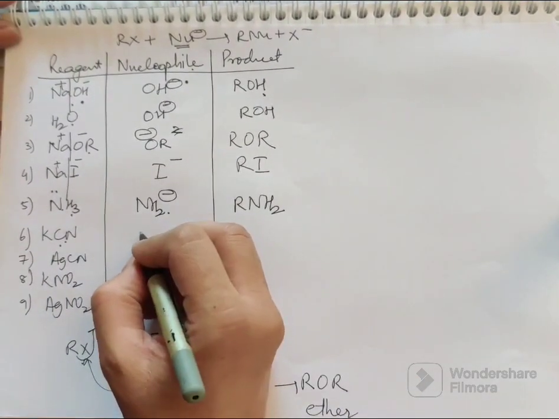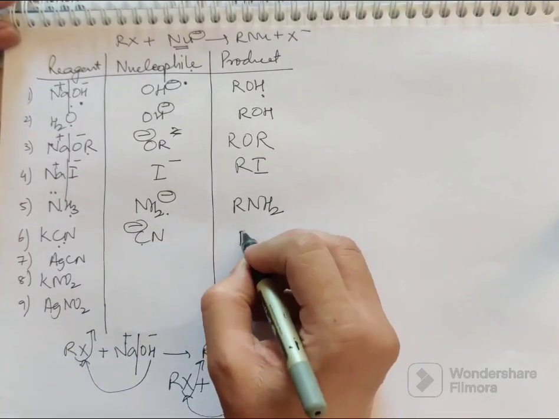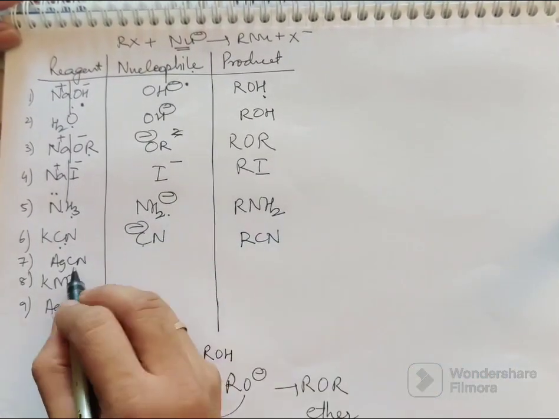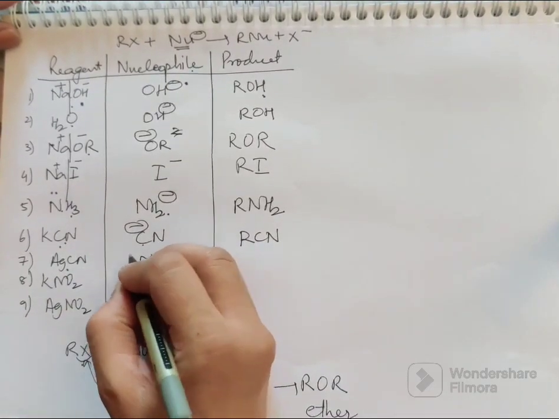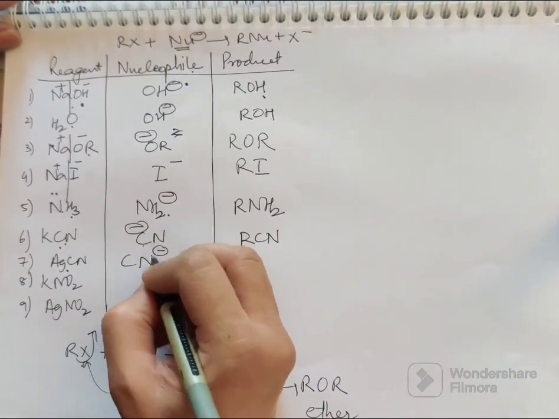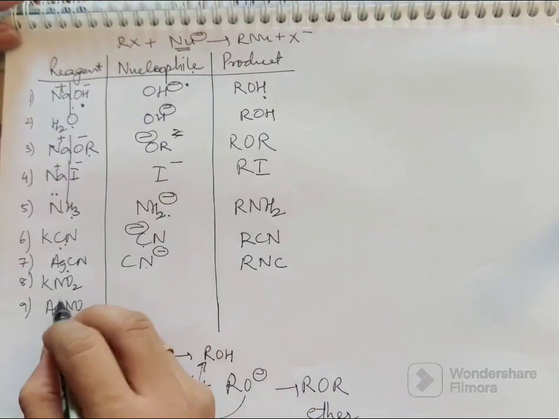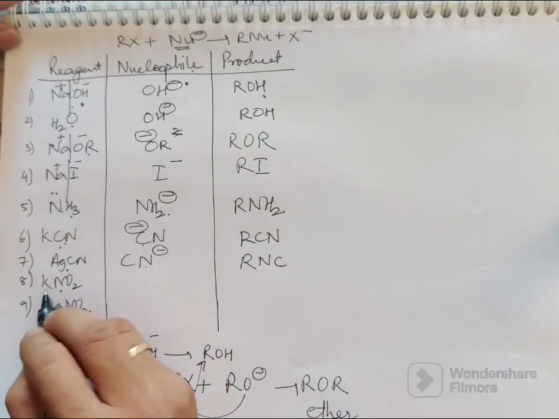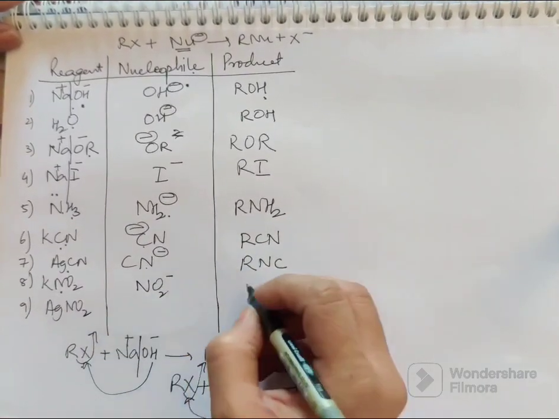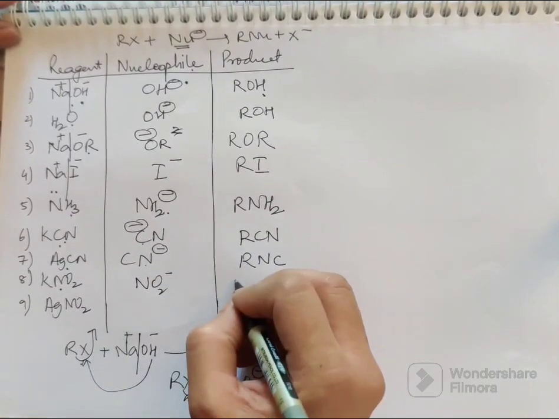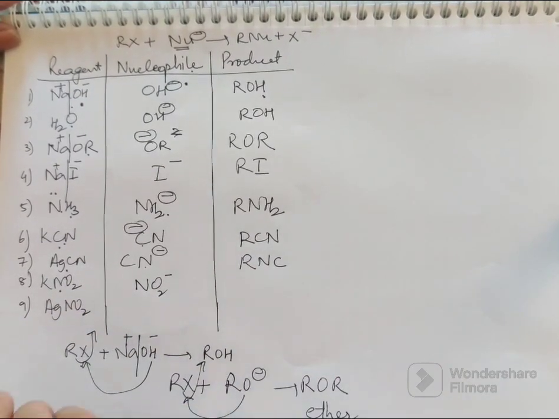KCN, this we discussed in ambident nucleophiles. KCN gives CN minus, and the bonding is through carbon, and we get nitriles. But if it is AgCN, the bonding is through nitrogen, and we get RNC, isonitrile. Similarly, KNO2, potassium nitrite, will give NO2 minus, and, I told you, silver salts give bonding through nitrogen.